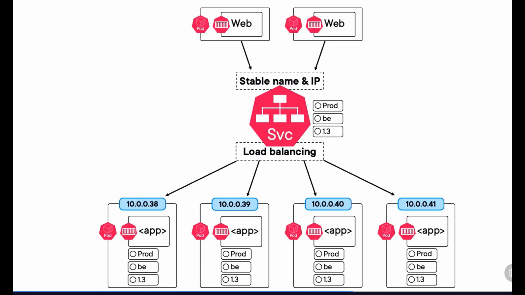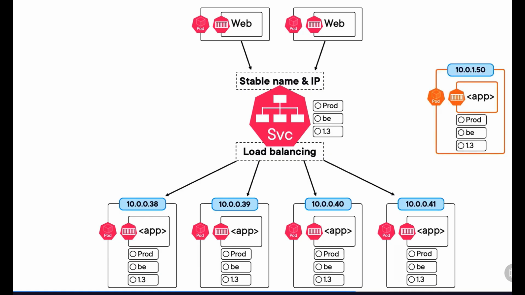In fact, if we had some other pod up here that was totally different, like nothing to do with our backend, but we labeled it the same, then the service is going to load balance traffic to that as well, which we obviously wouldn't want. But you see where I'm going, right? When the service is deciding which pods to load balance traffic to, it uses a label selector that says, I'm going to send traffic to all pods on the cluster that have these labels.